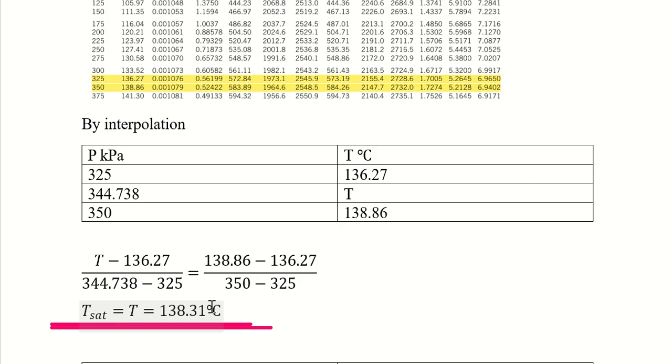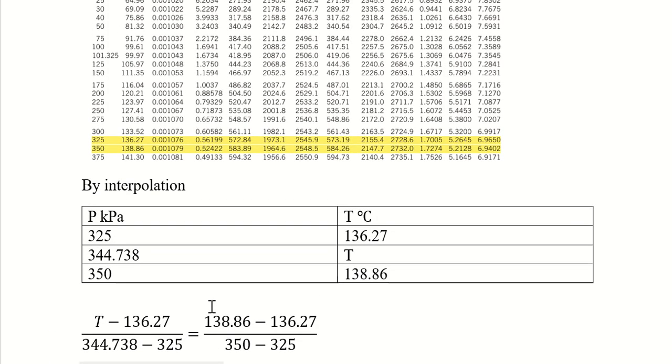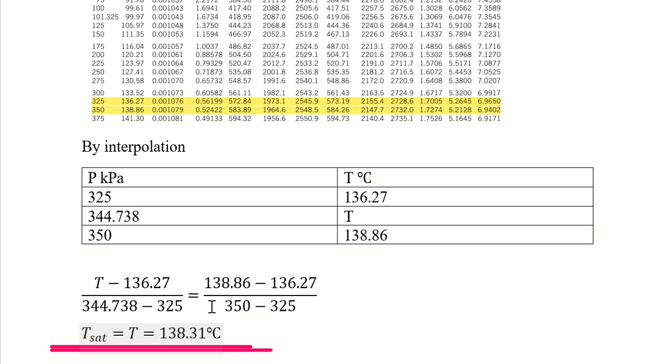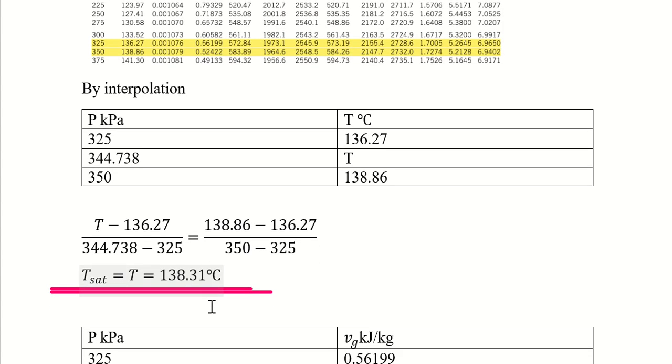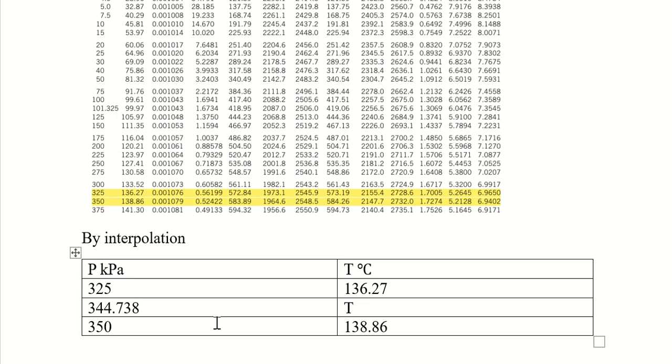And why is it the saturation temperature? Because they told us we have a saturated water vapor. So that means that at the pressure of 344.738 kilopascals, we have a saturation temperature of 138.31 degrees Celsius. And that's your first answer.